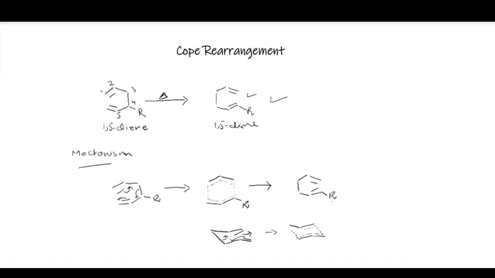So actually the reactant and the product are isomers of each other, but again, as I said, the driving force for this reaction is the formation of a more stable 1,5-diene or a more stable regioisomer. This reaction has a modification as well, which is known as the oxy-Cope rearrangement, which we will discuss later on in another video.